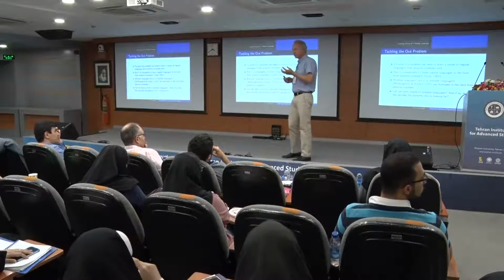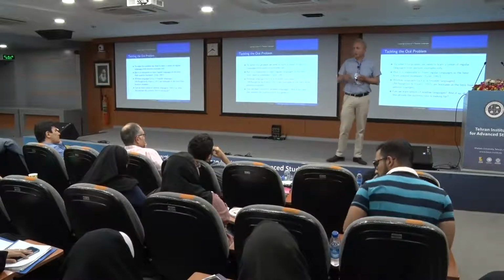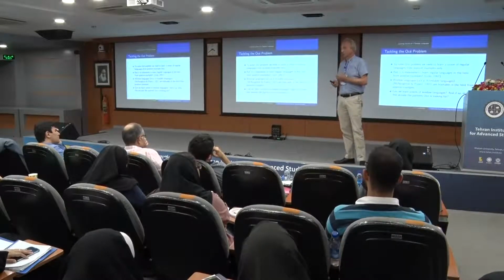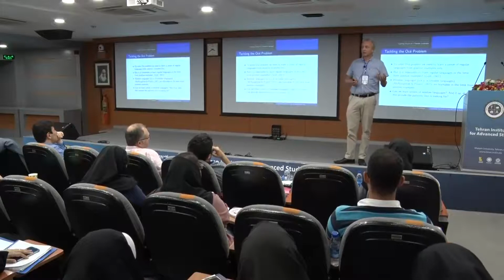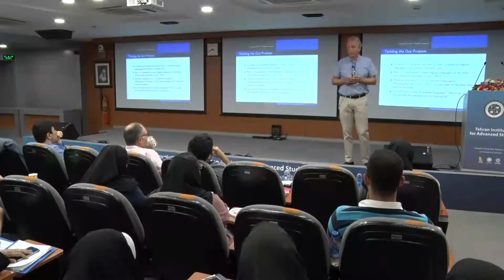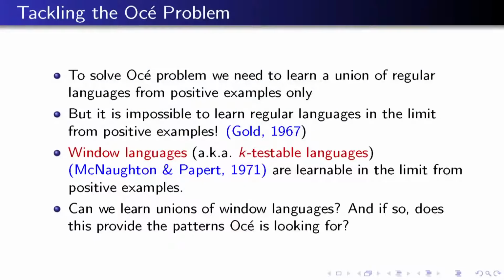Then a learner who wants to construct models, maybe after having seen 10 words, comes up with a model. But that model may be incorrect, and then a bit later he gets a counterexample and he has to refine his model. So we say that a language is learnable in the limit if eventually the learner will get the right model.